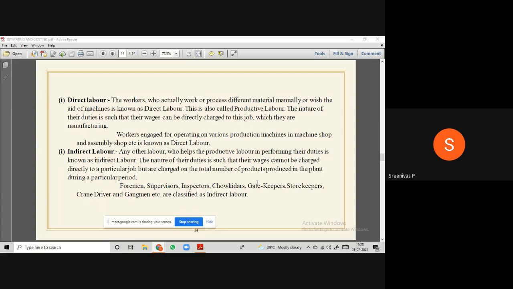They will have shift duties, so we cannot estimate. That's why such people are treated as indirect laborers. Whereas direct labor means the persons who work at a particular place regularly.